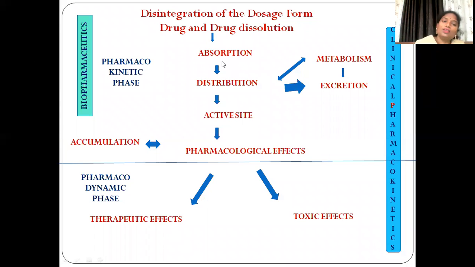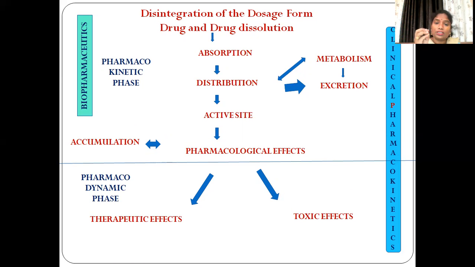So here, this is a schematic diagram. After administering the drug, the dosage form disintegrates. From the dosage form, the drug is released, meaning the breakdown of the tablet. We call it disintegration.